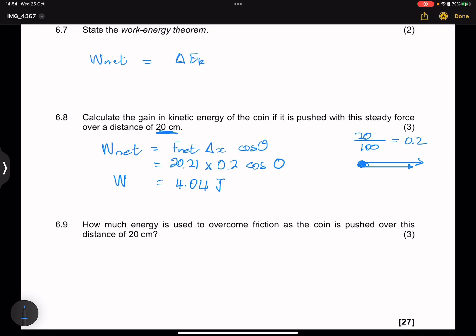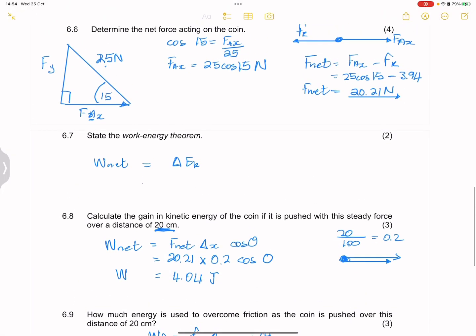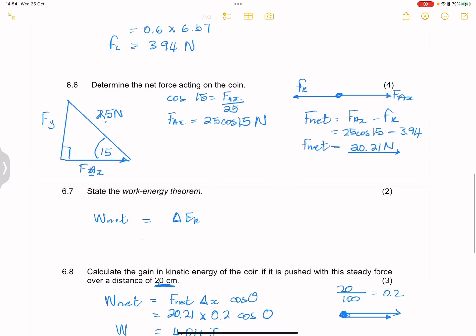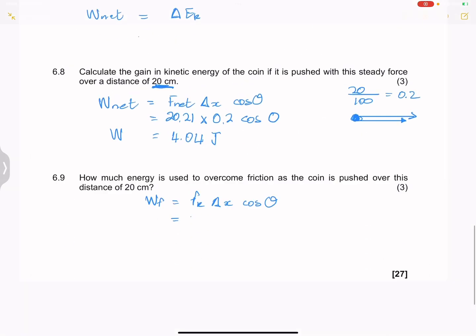So we want the work done to overcome friction. So this would be the frictional force multiplied by delta x, again, the cos of angle theta, right? So you've got the frictional force, 3.94, right?